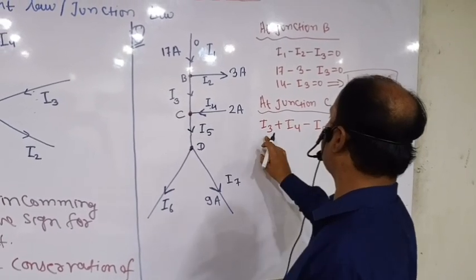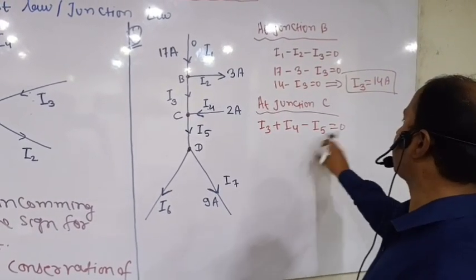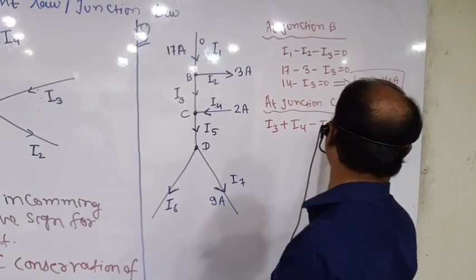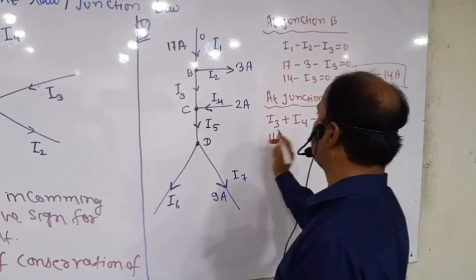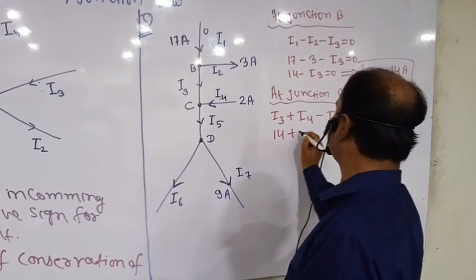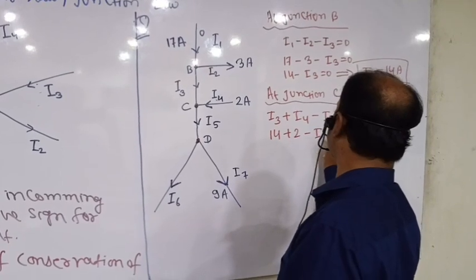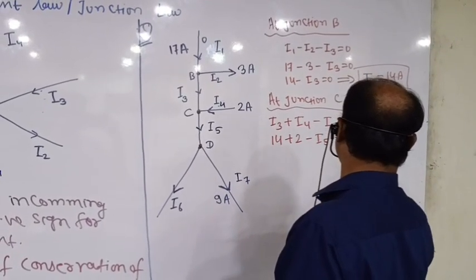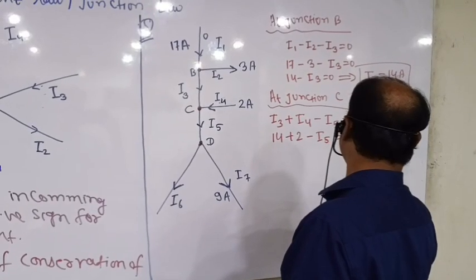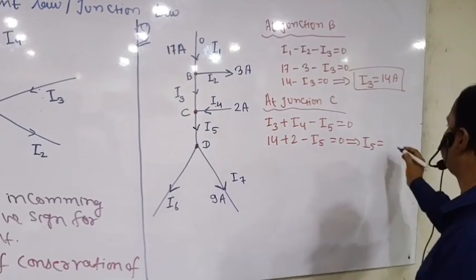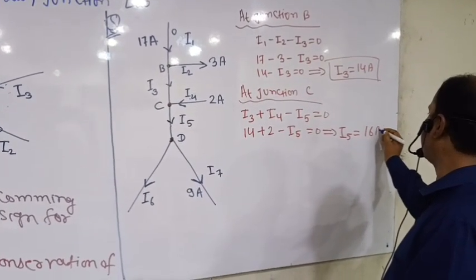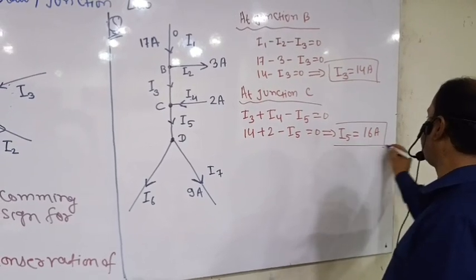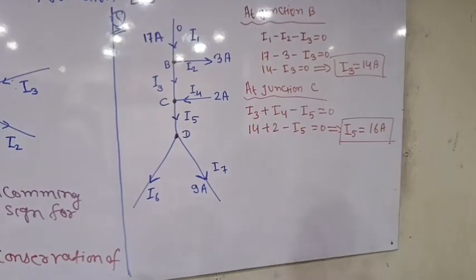Therefore I3 plus I4 minus I5 equal to 0. The value of I3 is 14, the value of I4 is 2, minus I5 equals 0. Therefore I5 equals 16 ampere. It is the value of I5.